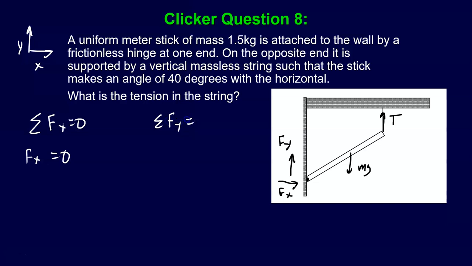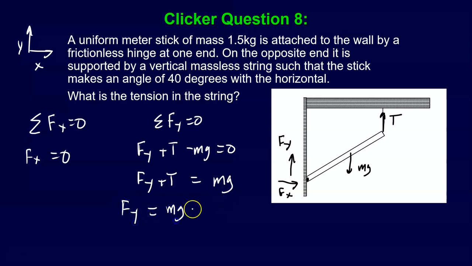And then if I sum up the forces in the y direction, again I'll have a positive Fy, a positive tension, and then negative mg. If we write that out, Fy plus the tension equals mg. And so we can see here that Fy will equal mg minus the tension.